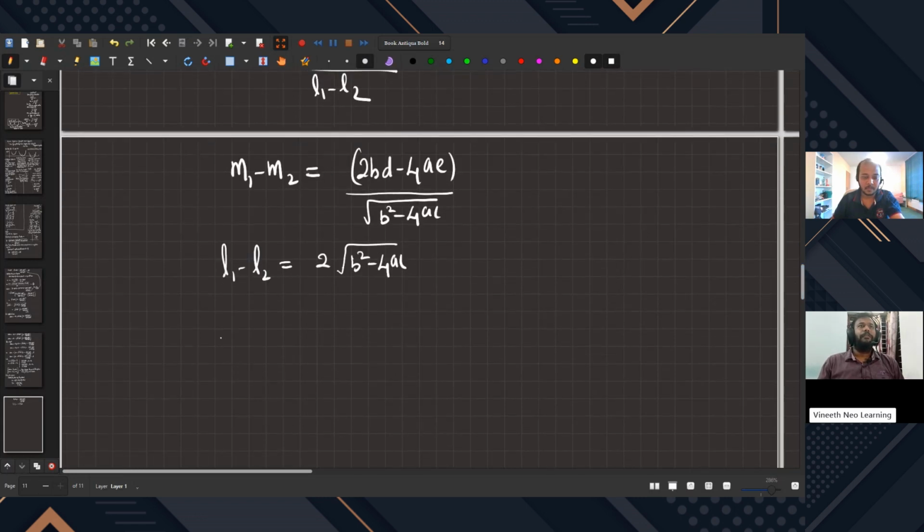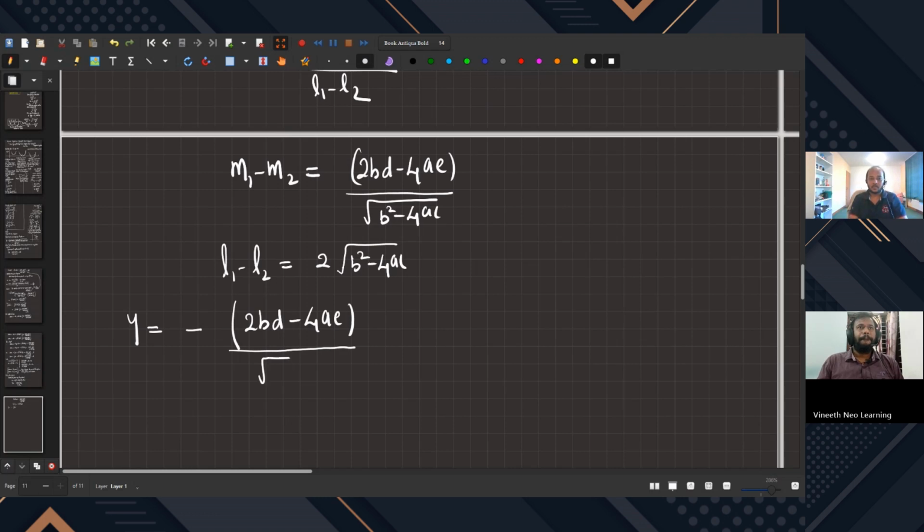So y becomes minus this term, 2BD minus 4AE, divided by B square minus 4AC, divided by 2 times the square root of B square minus 4AC.